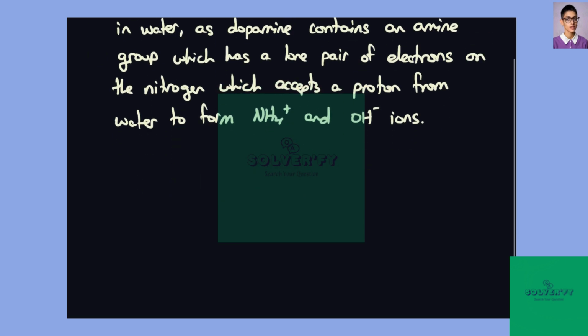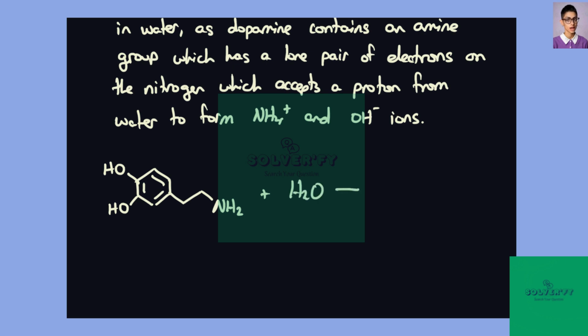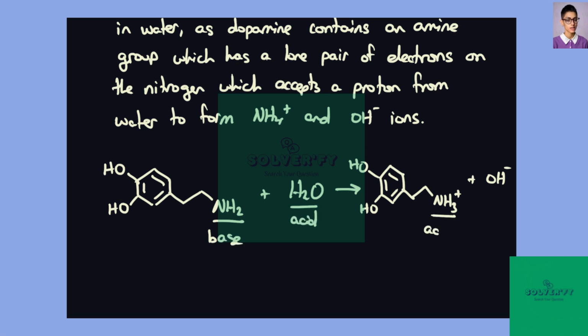So if we look at the reaction, this will produce... this will act as a base, this will act as an acid, this will act as an acid, and this will act as a base.